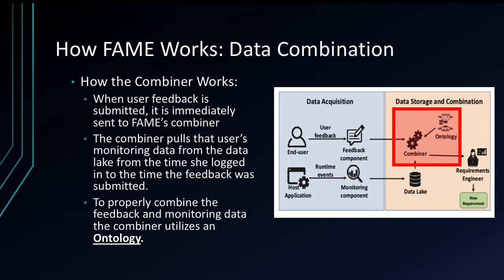And it's basically this fusion of information that makes FAME so effective in helping engineers solicit new requirements. So if a review is left that says this program doesn't work and the user leaves 1 star, the requirements engineer will be able to see exactly what the user expected to work that did not work.